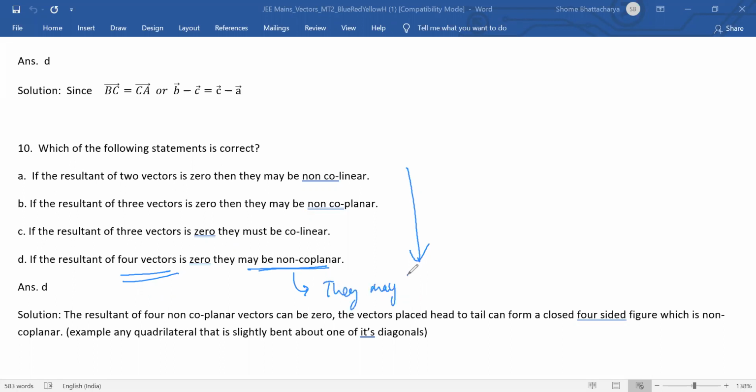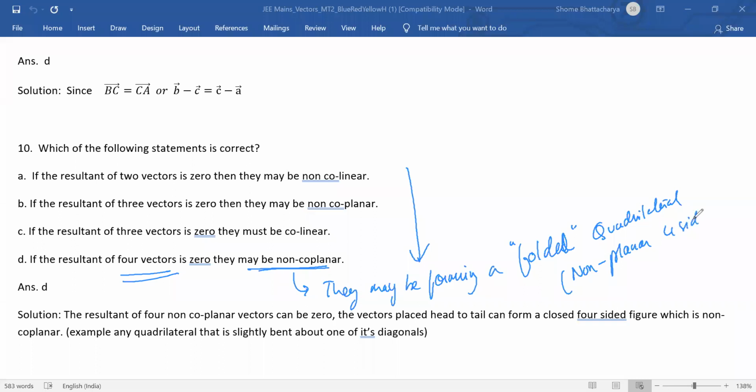they may be forming a folded quadrilateral. Okay, that is a non-planar four-sided shape.